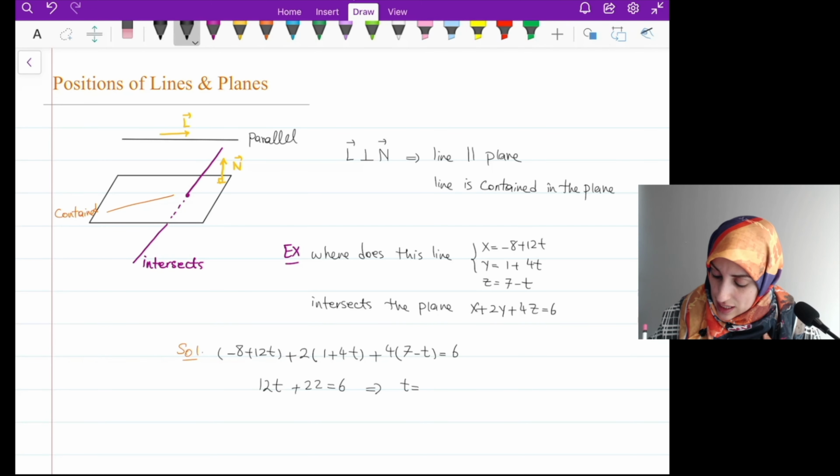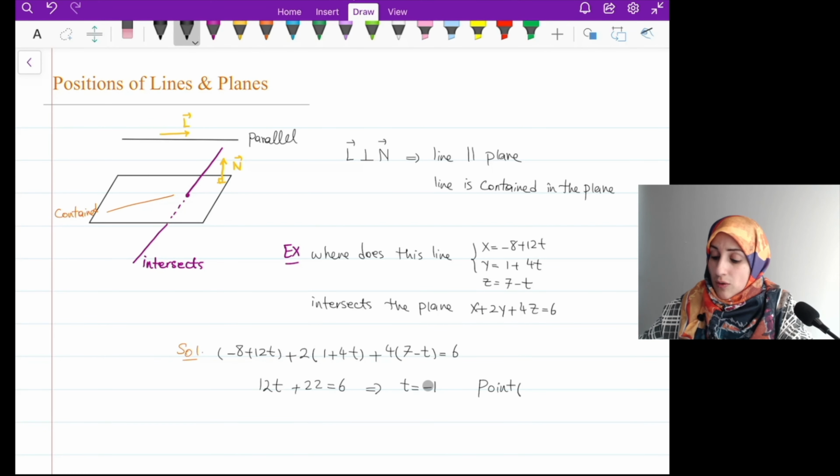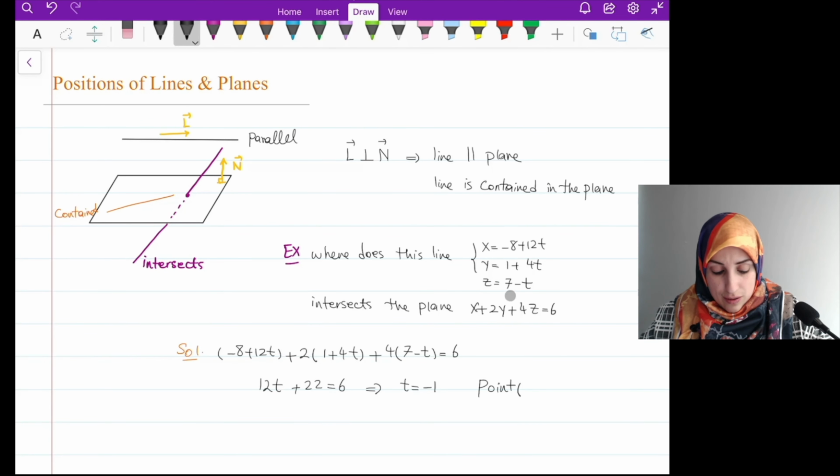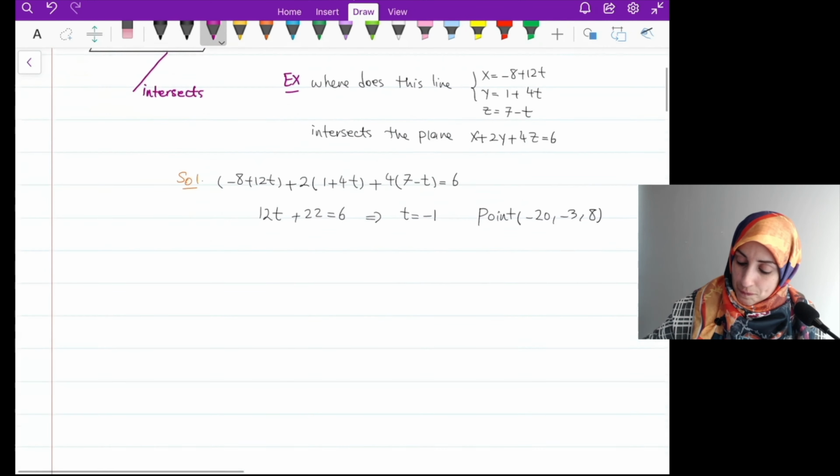That's why t is equal to -1. To find the exact point, I plug -1 into the line, and I get -20, -3, and 8. Very good.